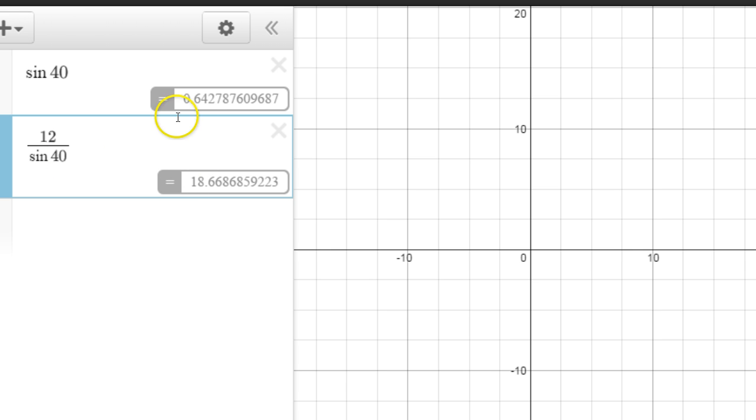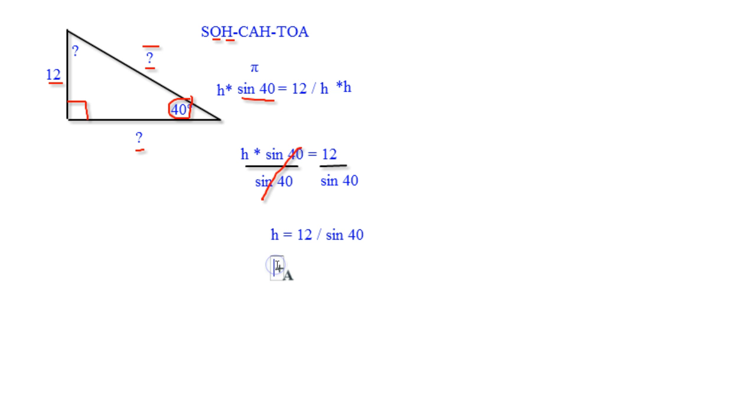But the calculator already knows it, and it's going to go on forever, so I can leave the calculator, let it do its job, and I get 18.66. Probably want to round to the nearest hundredth, so I'd go 18.67 and work with it that way. So I can rewrite this answer as 18.67. Voila, I now know the length of the hypotenuse.